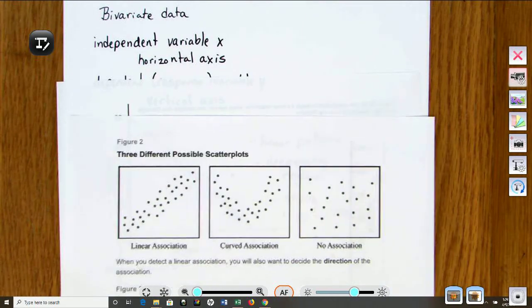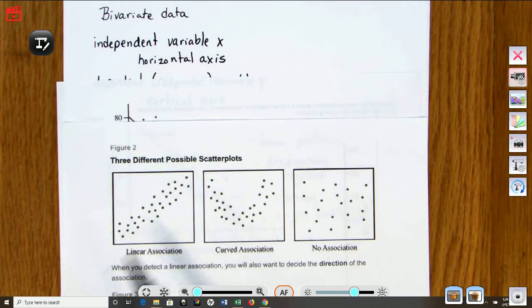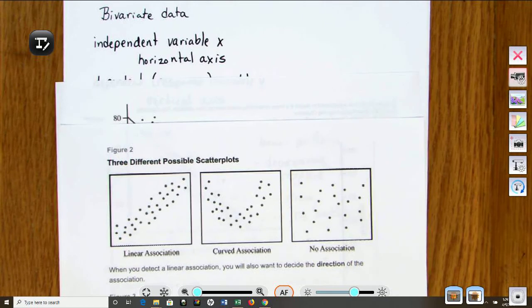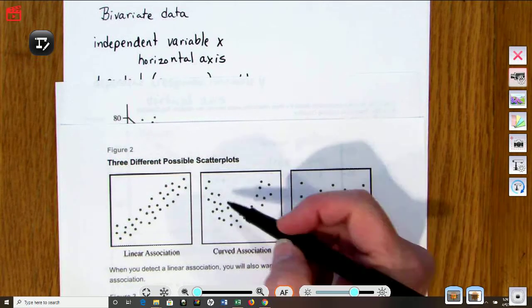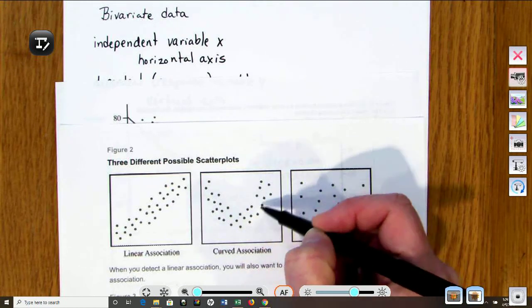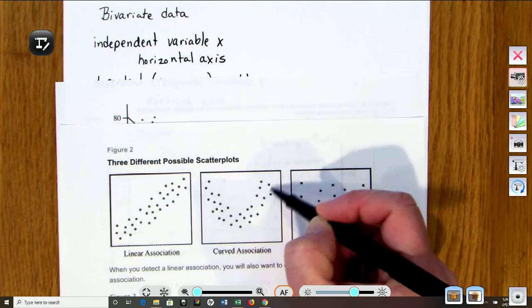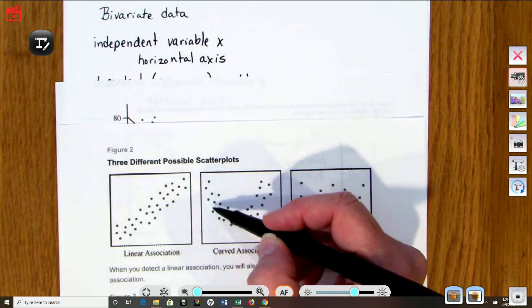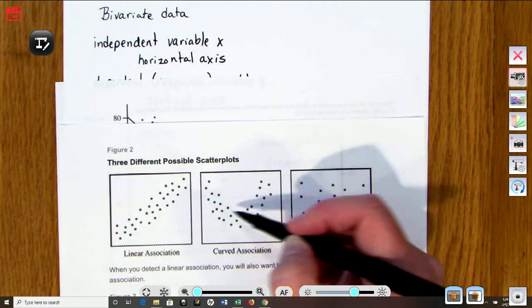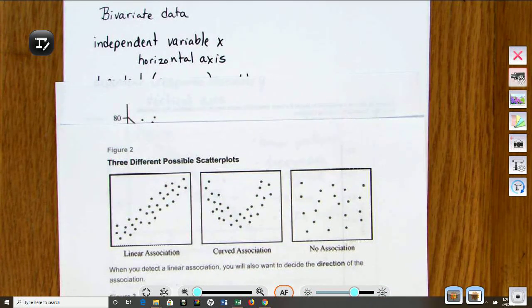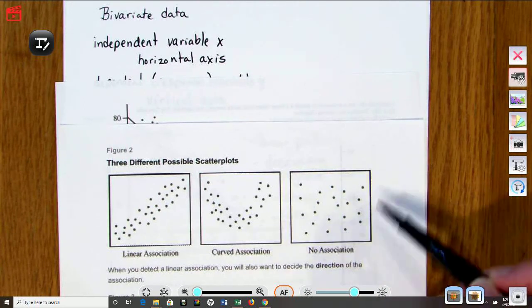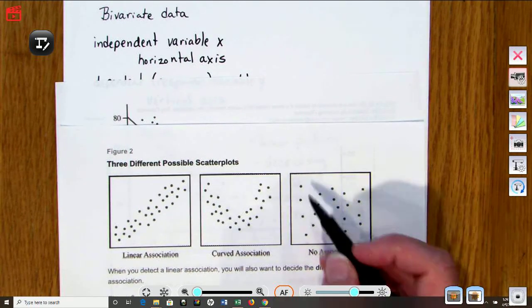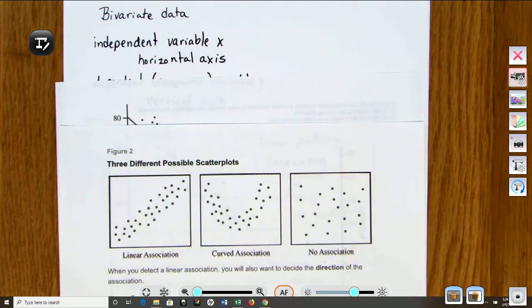They also gave us these values. If I'm looking at this one, they seem to see that straight line. Here you can almost visualize that curve sitting in here. Now a curve does not necessarily have to come back up, but we would see some sort of curve. This one here, there's points all over the place, so I really don't see any association.